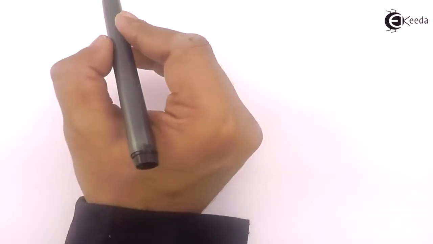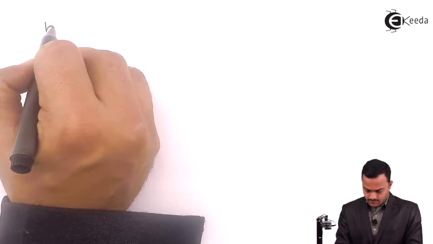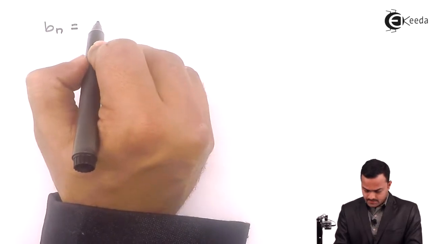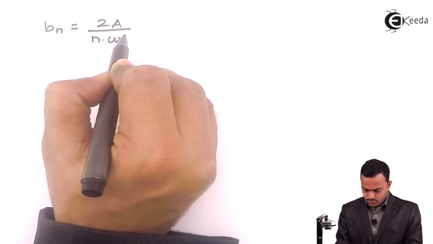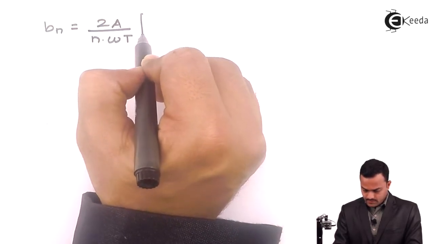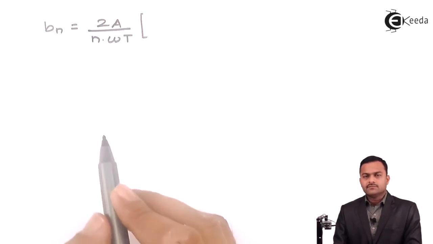So we'll get Bn as 2a upon n into omega t.